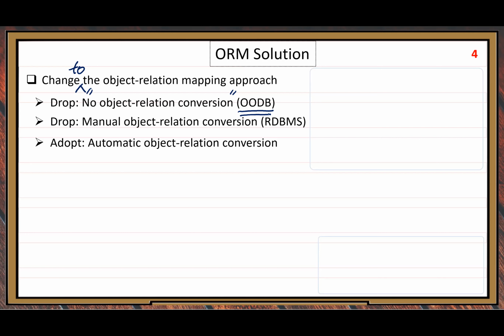All right, so now the implementation. Let me give you the implementation details. What kind of work we need to do in order to use this technology, ORM technology? Let me use Hibernate as an example.